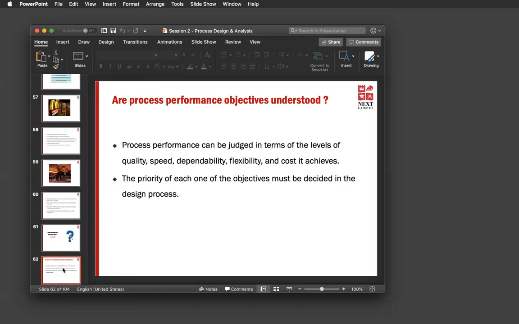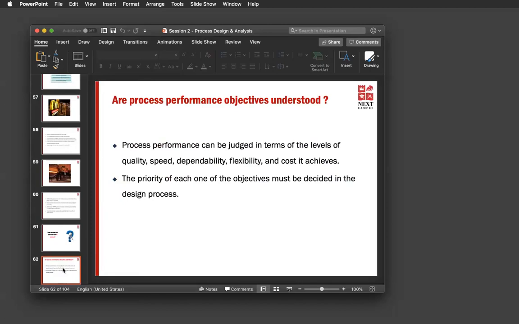So, if you have decided to float your own business, the first thing that you should be looking at is the product and the service portfolio. What is the product and what is the service that you need to offer? Then the second thing is what kind of performance objective are you going to focus on? Are you going to focus on speed?